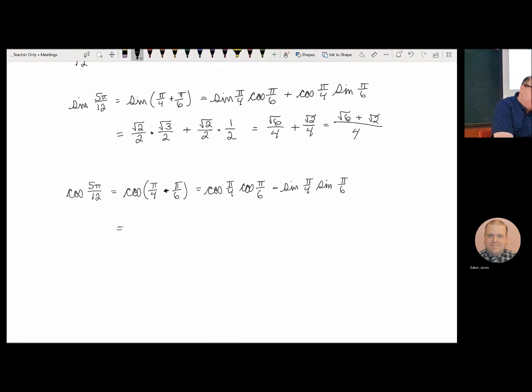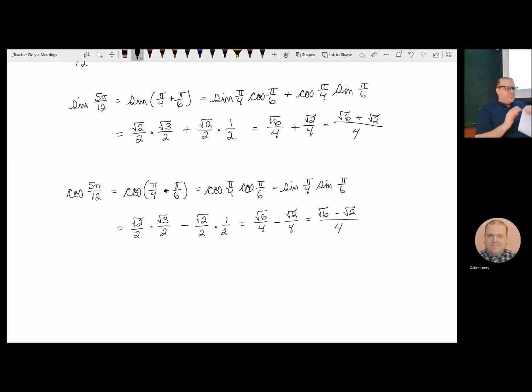And of course, we already have these values. And you simplify to root 6 minus root 2 all over 4.